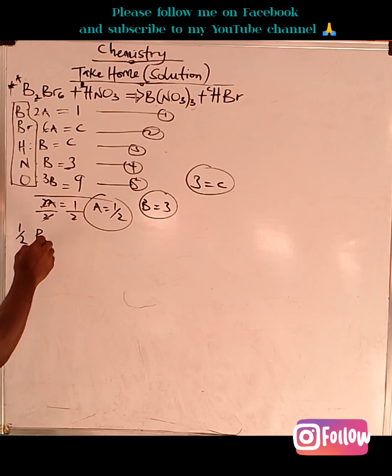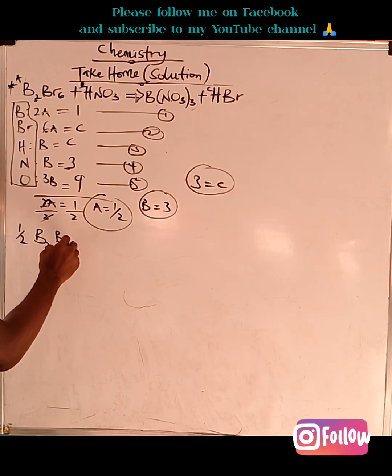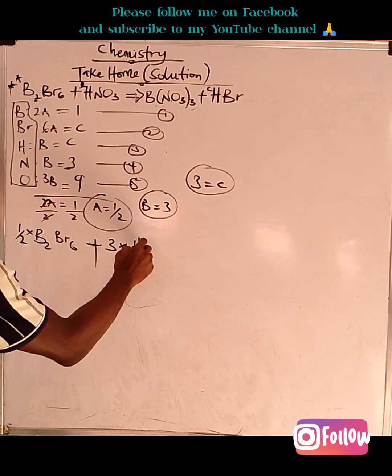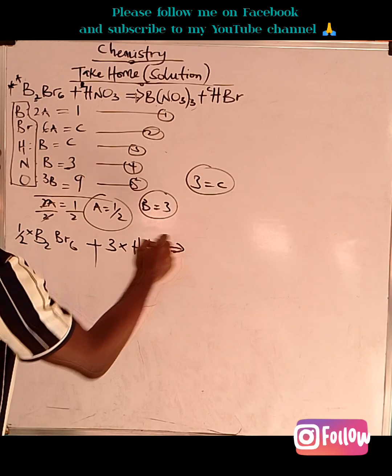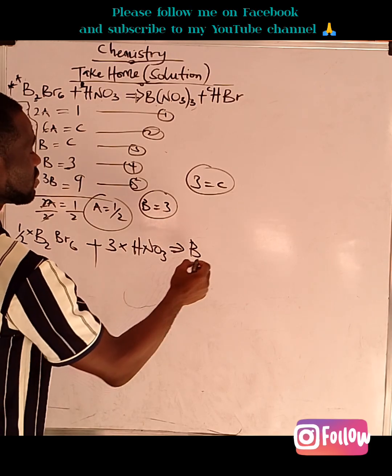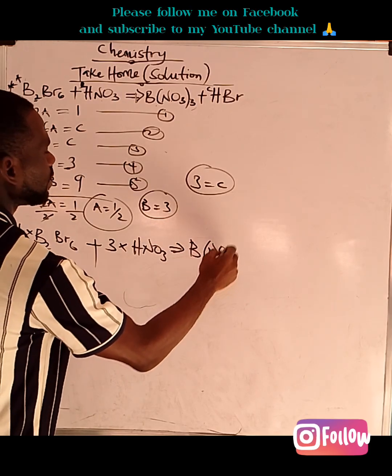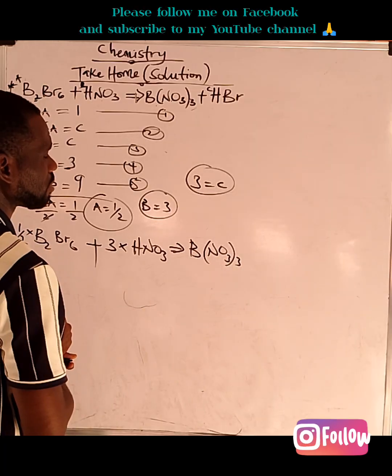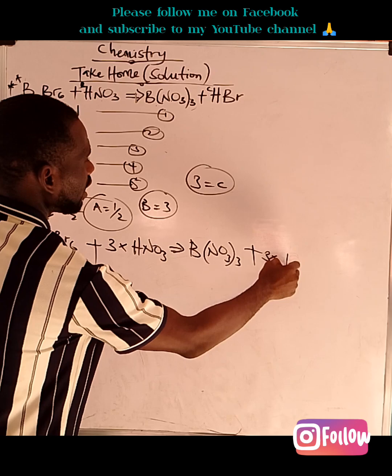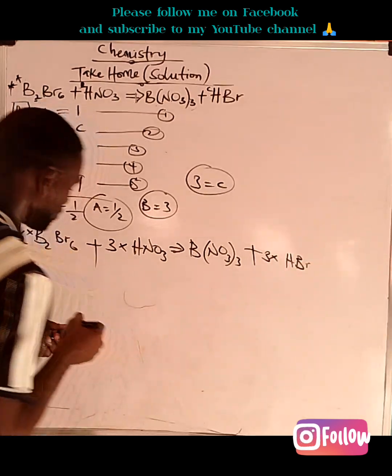Then B2BR6 plus the B is 3 times HNO3. Then down to the product. This does have a coefficient, as you can see. This BNO3 with a smaller 3 out there. Then plus the C is 3 times HBr.